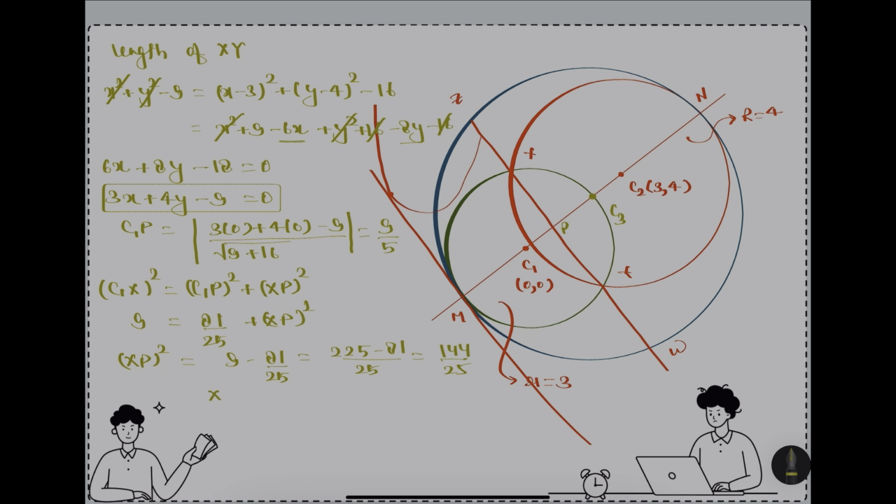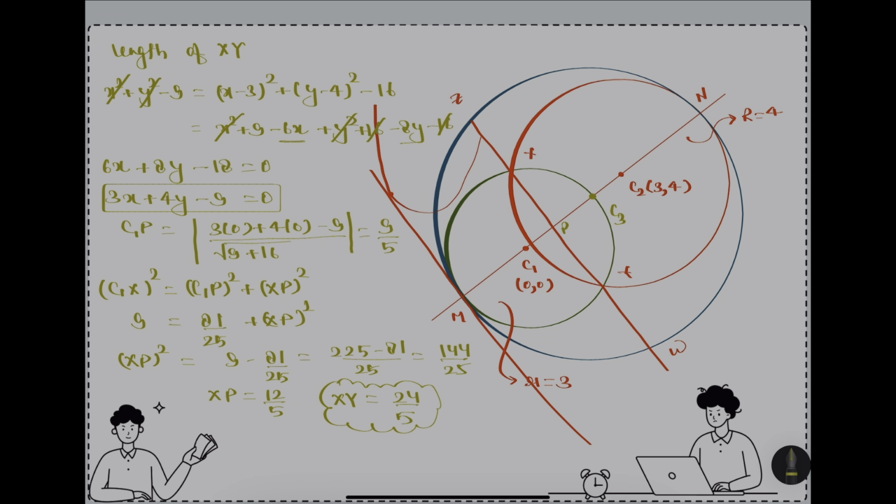So can I say that XP would be 12 by 5, and you know that XY is 2 times XP, right? So XY is 24 by 5. So you got your XY.